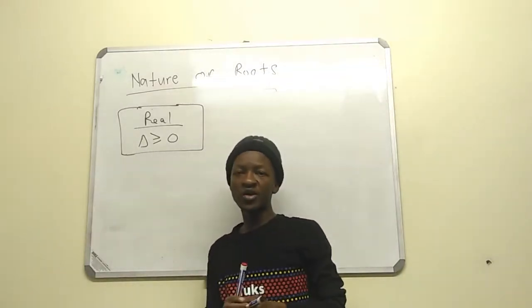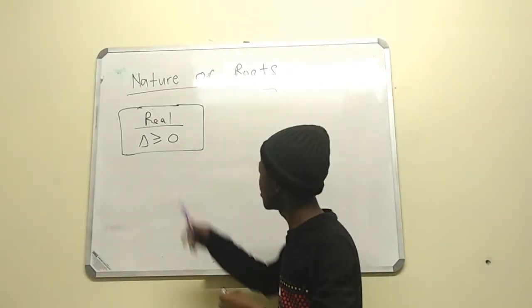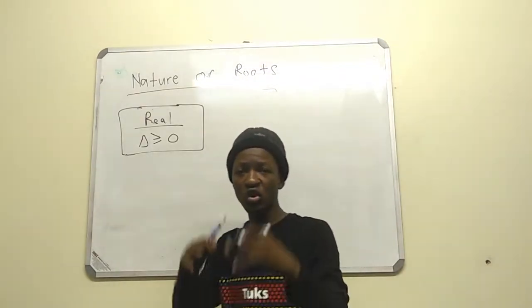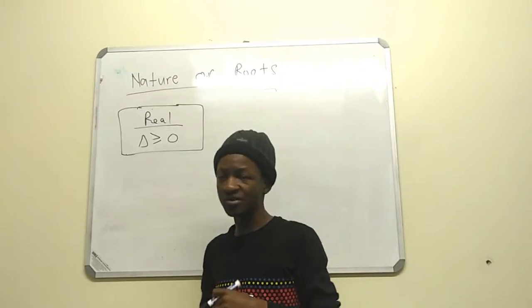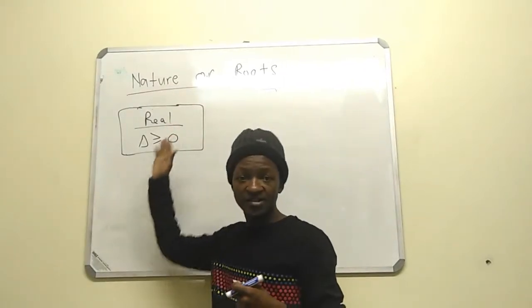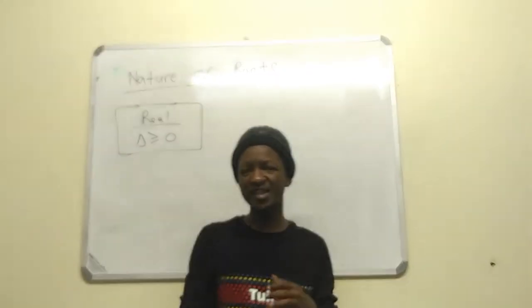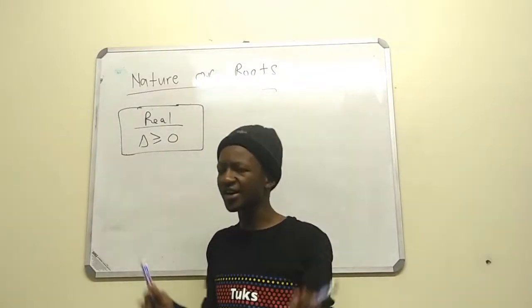So when you have a given equation and your delta is greater than or equal to 0, you quickly know that the roots are real. Real numbers include rational numbers and irrational numbers.